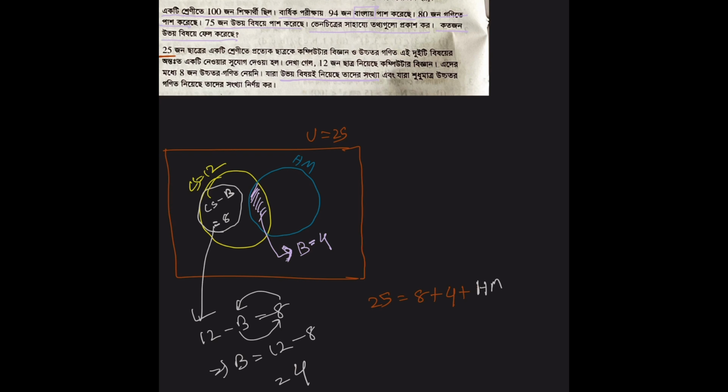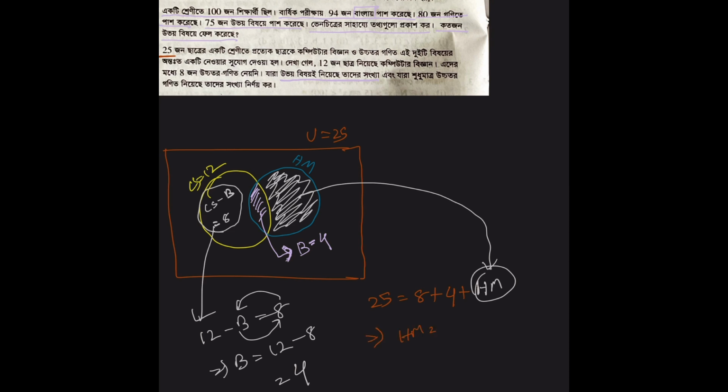If we were to show this in the Venn diagram, these are the students who took only higher mathematics. Okay, so now we can calculate this number.